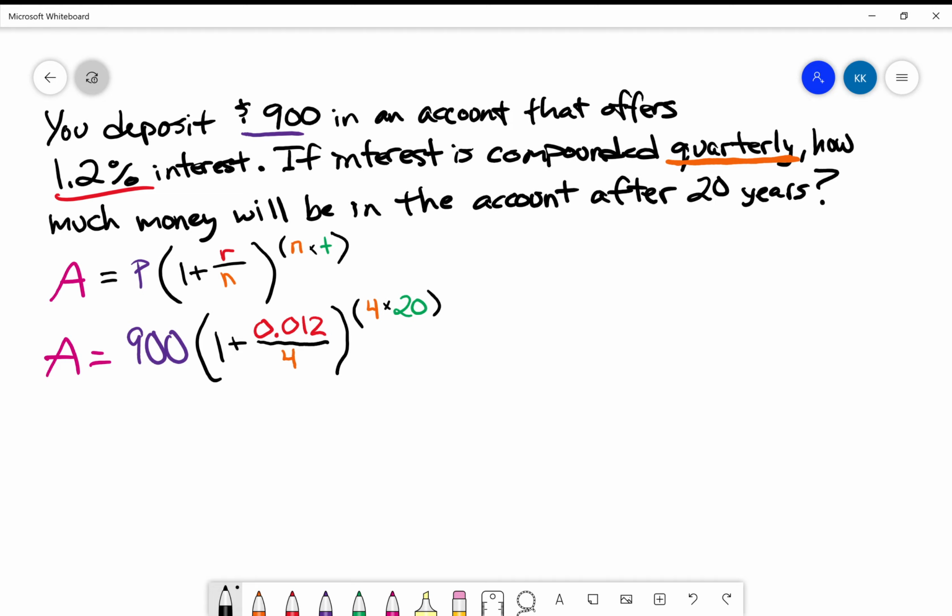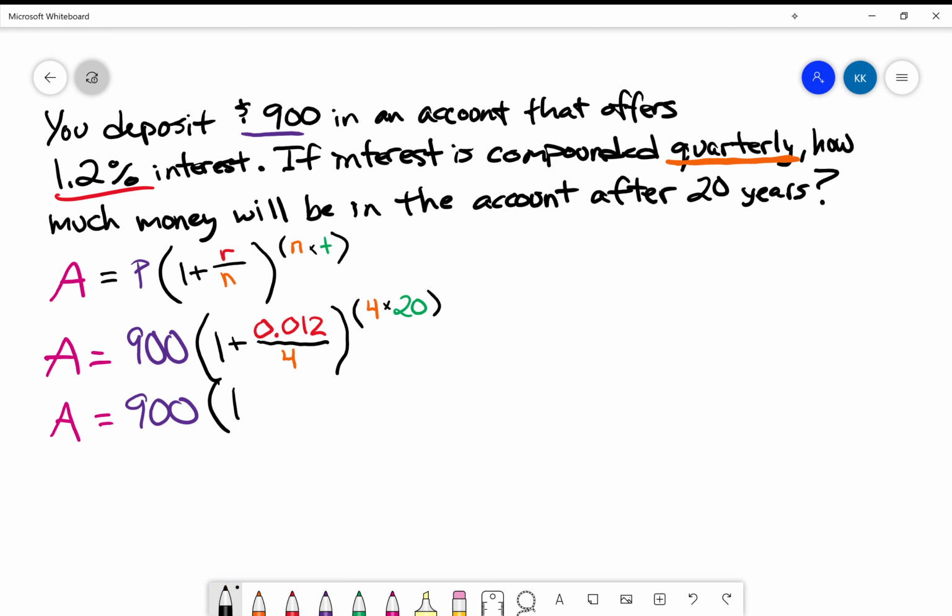We are going to simplify. A equals 900 times, and we're going to simplify everything in the parentheses.